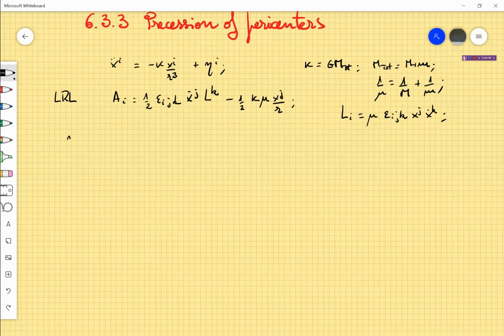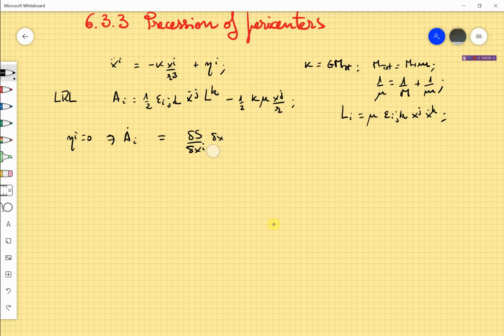We express vector products with this epsilon. When eta I is 0, then this is really a conserved quantity. Conserved, according to the Noether theorem, means that this is proportional to the equations of motion of these variables x_i times the variations of the x_i that really give rise to this symmetry.